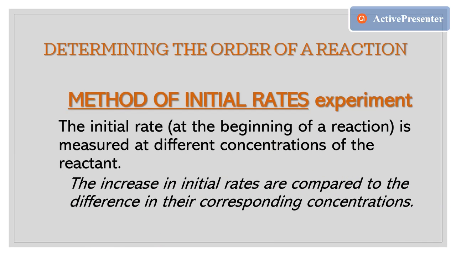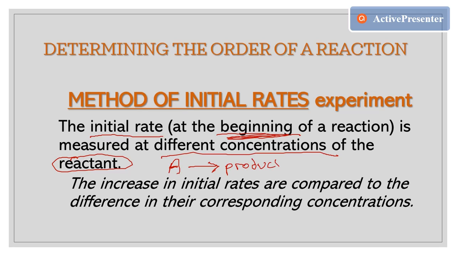So, as I said, the method of initial rates experiment is when you take the initial rate, which is at the beginning of a reaction, when the reaction starts, and it's measured at different concentrations of the reactant. And remember, the reactant is the molecule on the left side of the yield arrow. So if you have A and then you yield some products, the reactant would be the A.